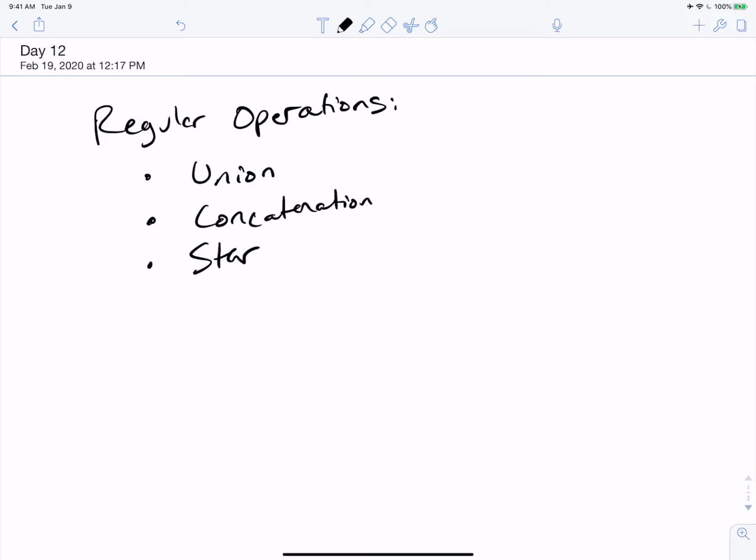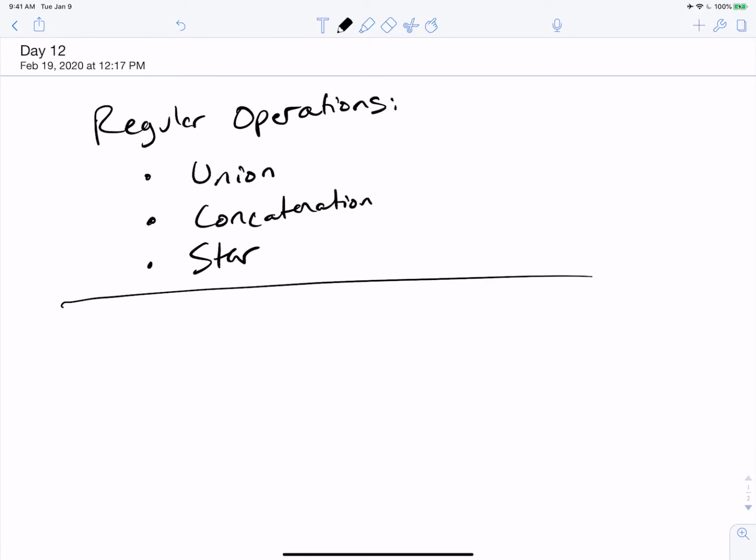Other questions? Can you remind us of the intersection and why is it not there? Those are operations that still are defined. They're just not under the umbrella of regular operations. Regular languages are still closed under them. Yeah, and that's intersection. What was the other one?